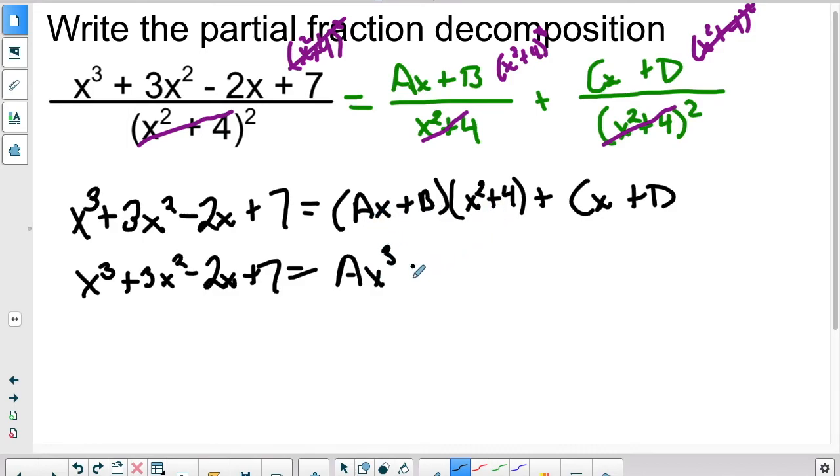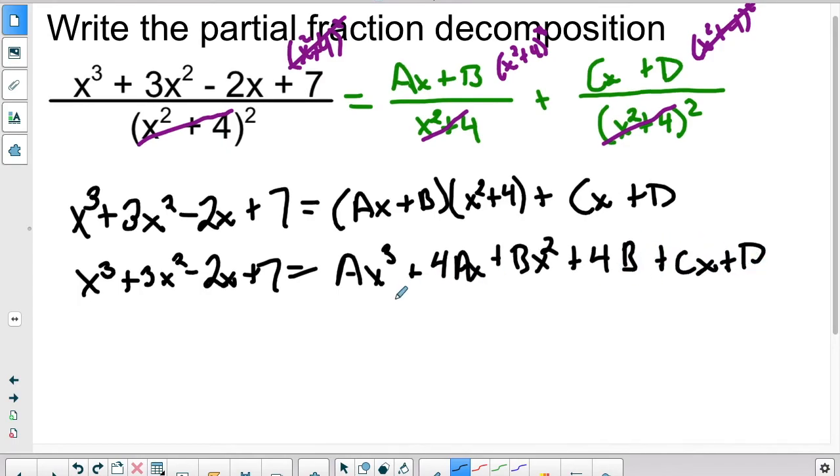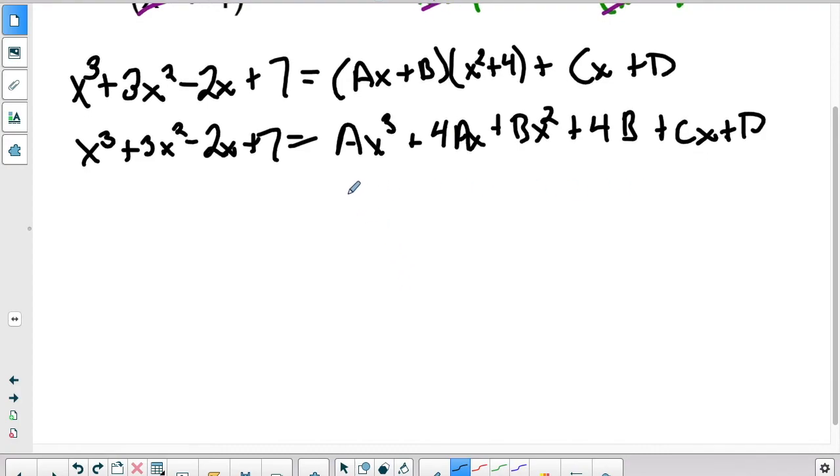Ax times 4 is plus 4ax. B times x squared is plus bx squared. And lastly, we have plus 4b plus cx plus d. And at this point here, again, on the right side, I'm going to group the like terms.